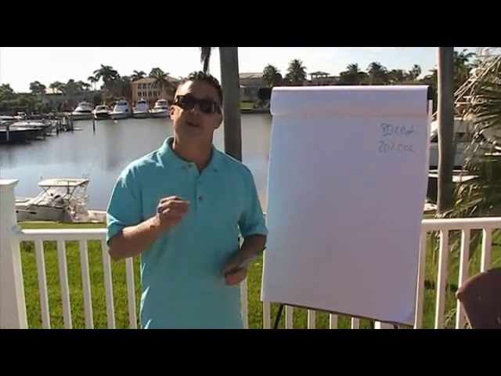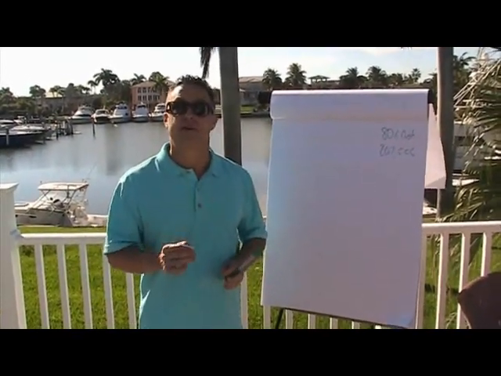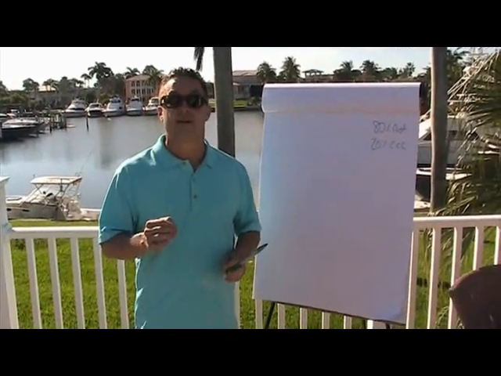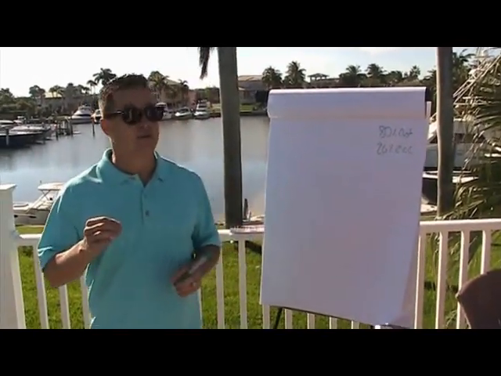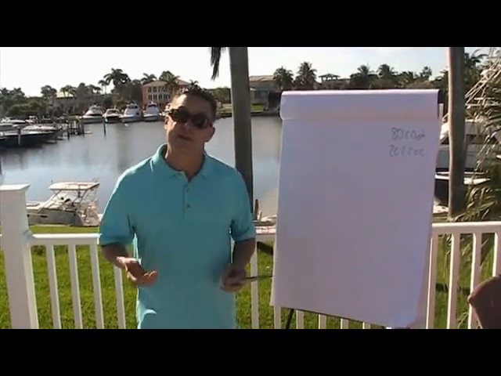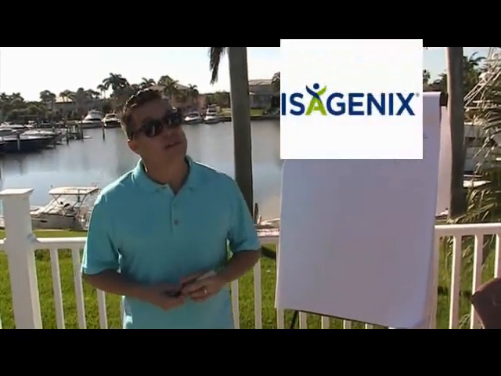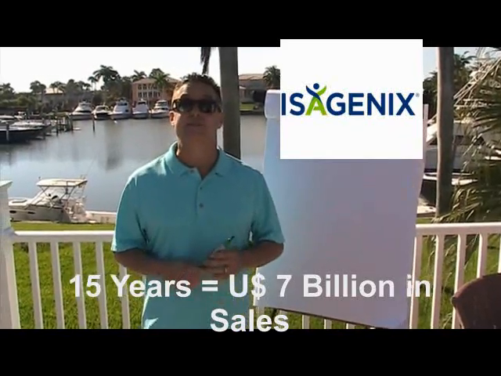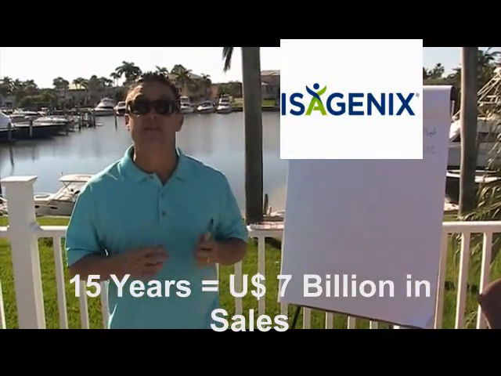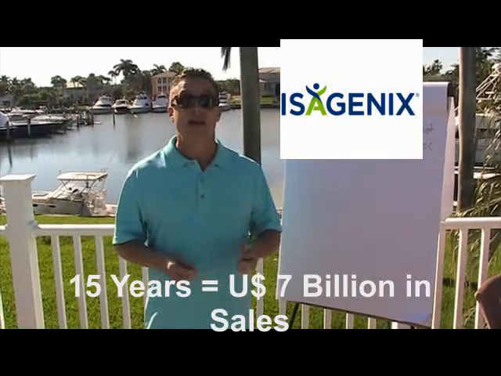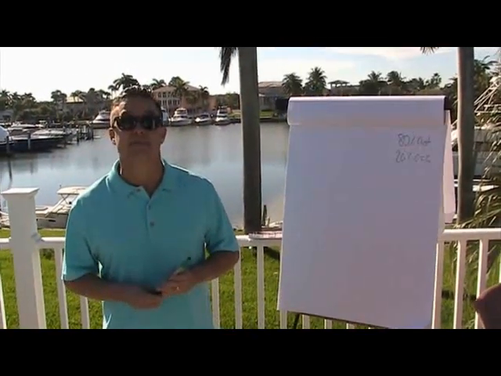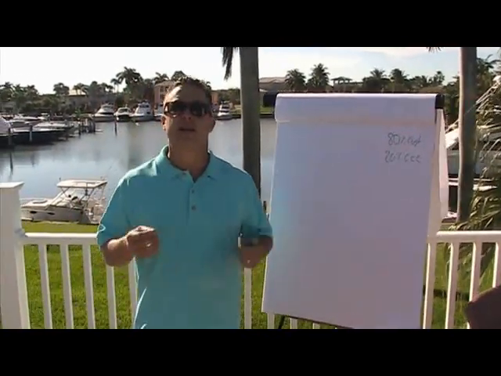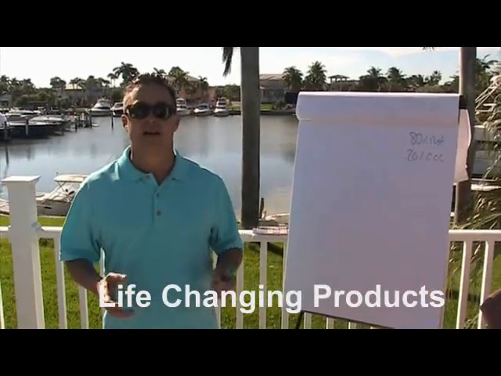Now, this is a business presentation, but I do want to take a quick moment to touch on the product. Now, you would agree, and I'm sure most of you would agree, that a company that's been around over 15 years and has done over 7 billion, that's 7 billion with a B, $7 billion in sales already, is probably doing something right. The company makes life-changing products.